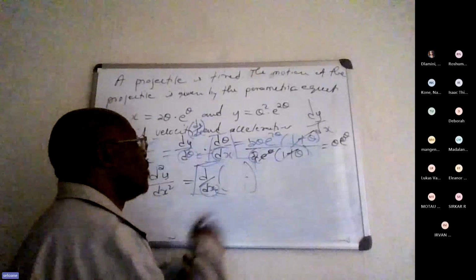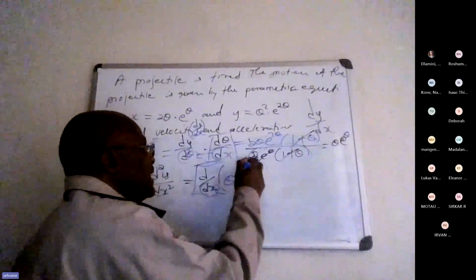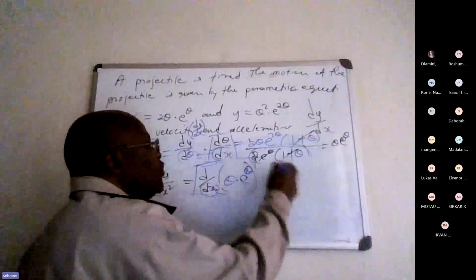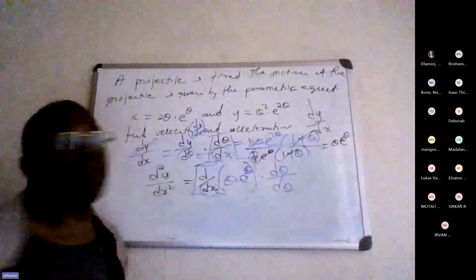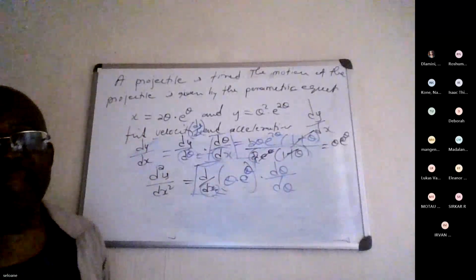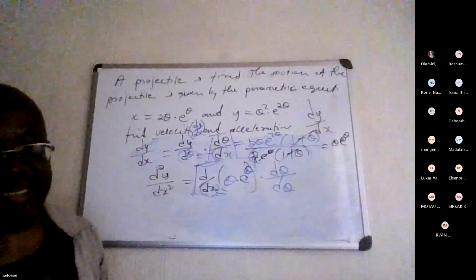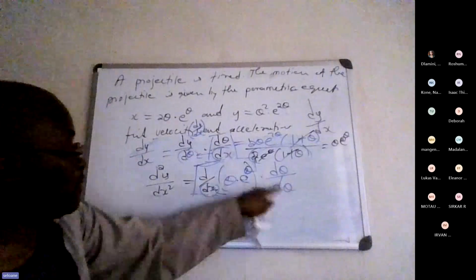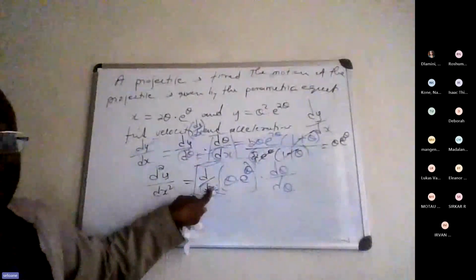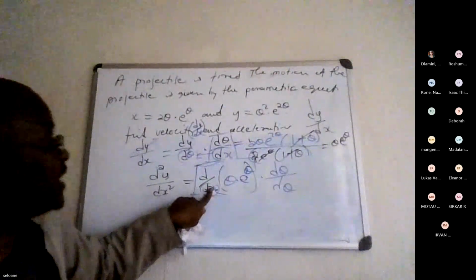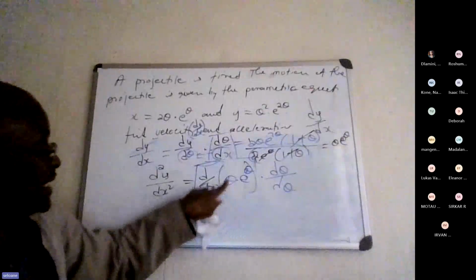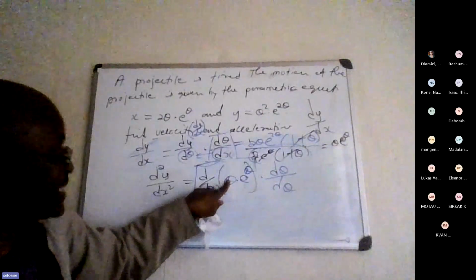Because it's in terms of theta, whatever, I can't remember the exact expression, you now introduce the variable theta. Then it will not be d by dx. We are now differentiating this with respect to theta. That is d/dθ of e to the power theta times something.